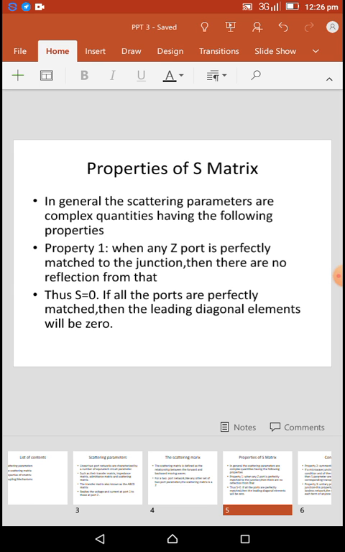So next one is properties of the S matrix. In general, the scattering parameters are complex quantities having the following properties.